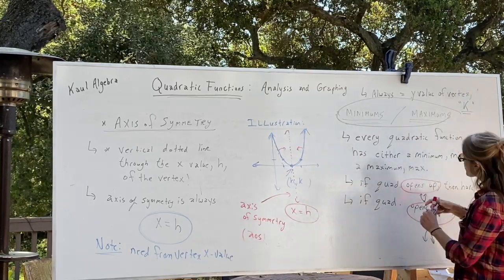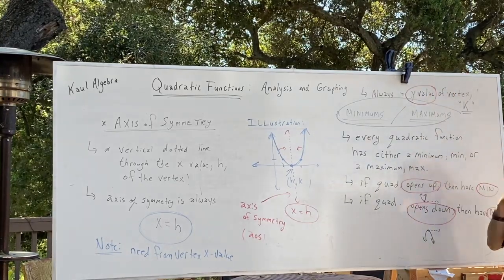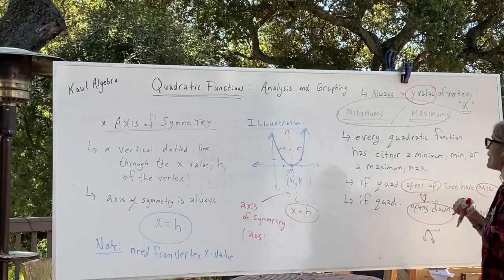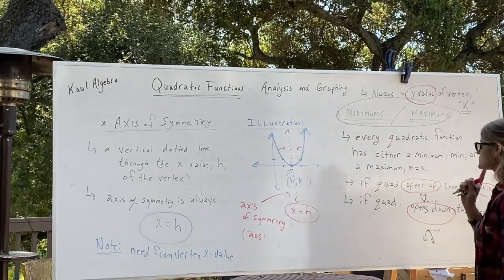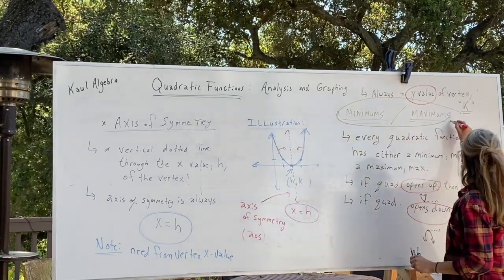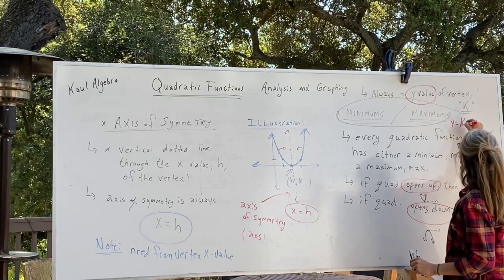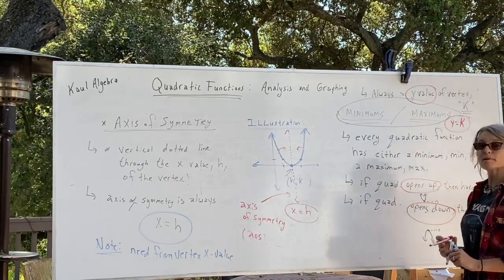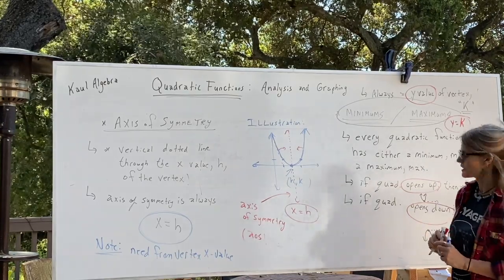Okay? It's always the y value. This is a point that I think a lot of students get confused with. The y value expresses how high or how low something is. So it's only the y value of your vertex. So it's y equals k. Okay? And it could be positive even when it's a minimum. It's just saying that's the lowest point of your entire graph.